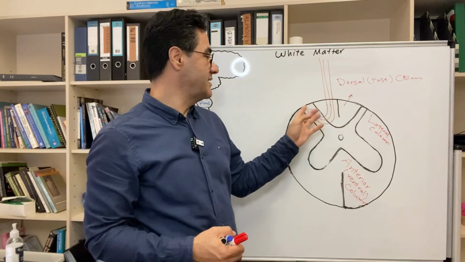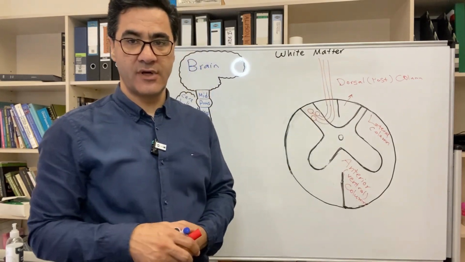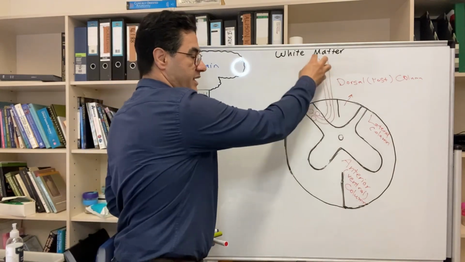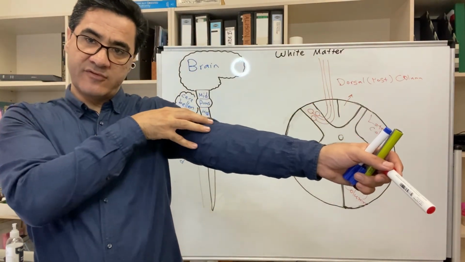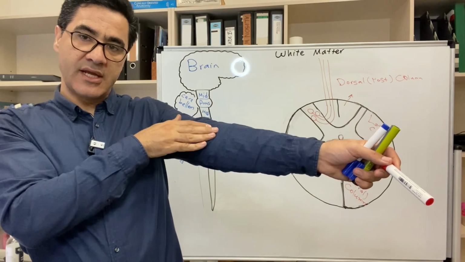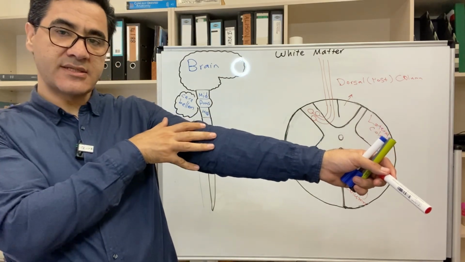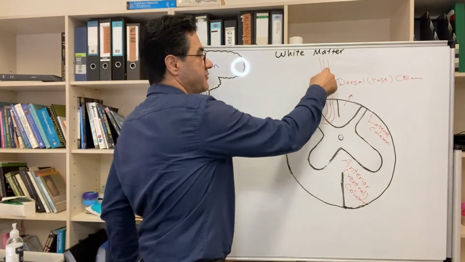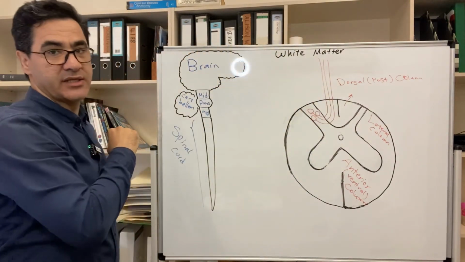So what is the action of this bunch of axons? They carry the sensory information from the skin, from the muscles, tendons, and ligaments to the spinal cord, and then carry this information up to the brain.